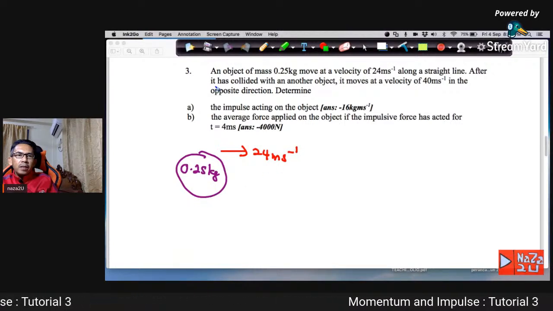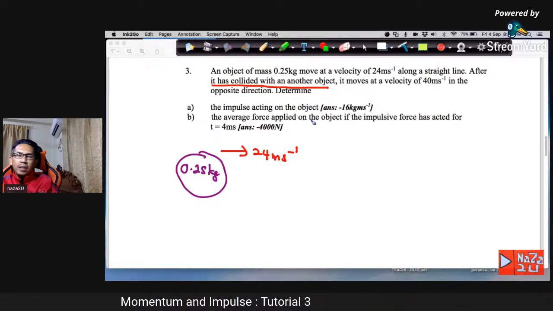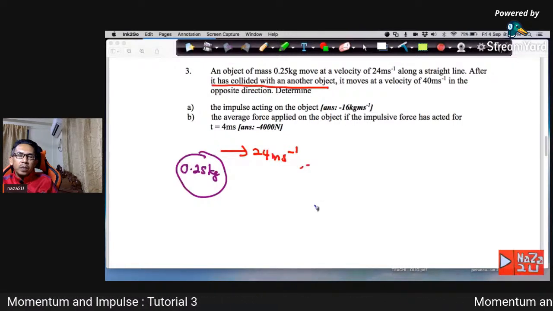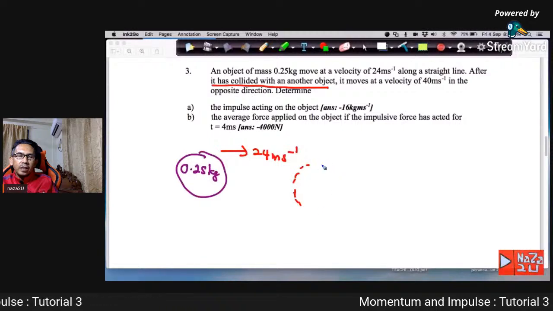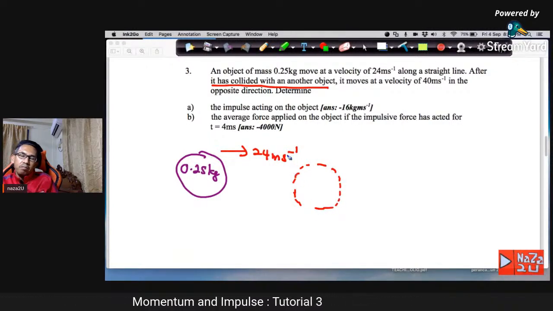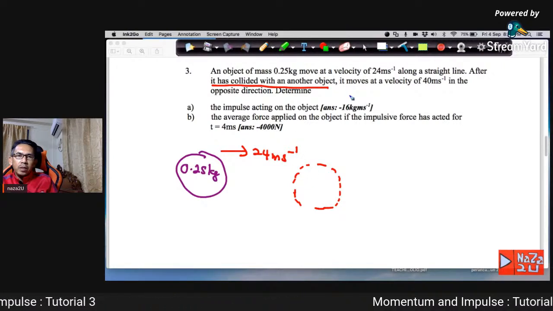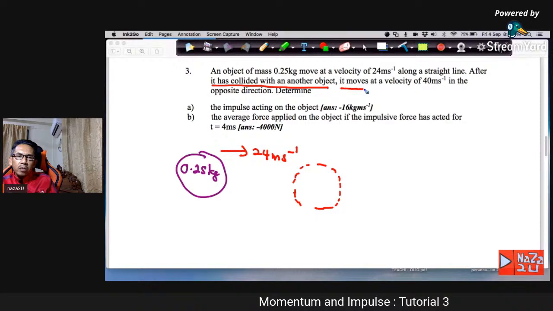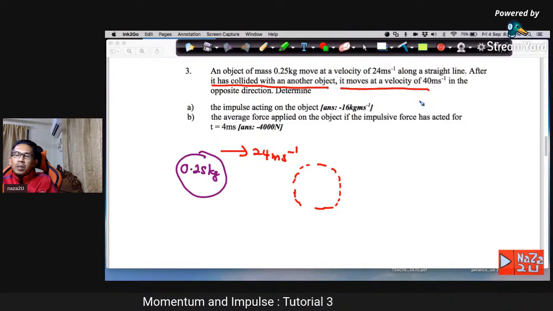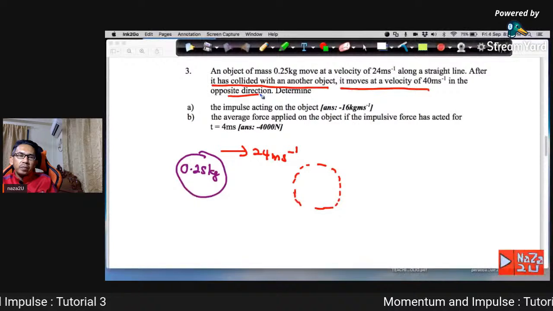After it has collided with another object, setelah dia langgar dengan satu objek yang lain setelah di depan dia, right? Okay, mungkin arah tak bagi tahu, cuma dia kata selepas dia berlanggar tu, it moves with a velocity 40 meter per second in the opposite direction.